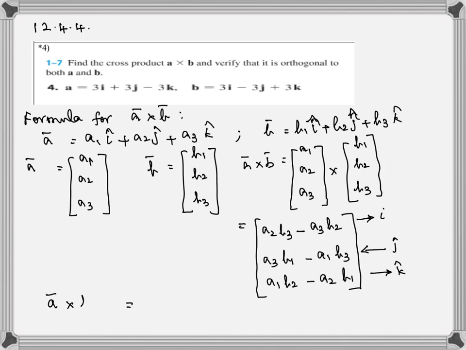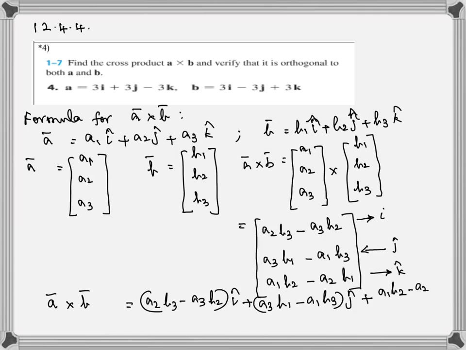So now we write A cross B as (A2B3 minus A3B2)i, plus (A3B1 minus A1B3)j, plus (A1B2 minus A2B1)k, which is in the ijk component form.